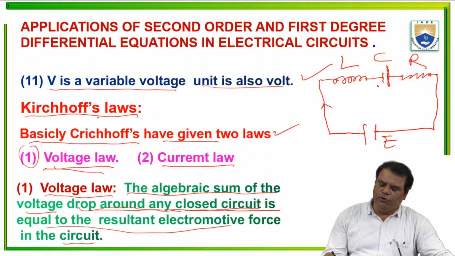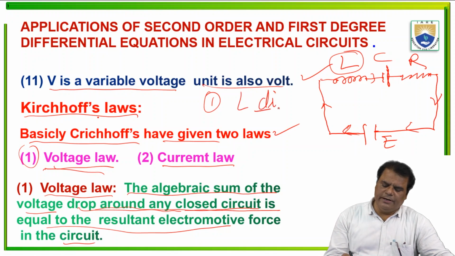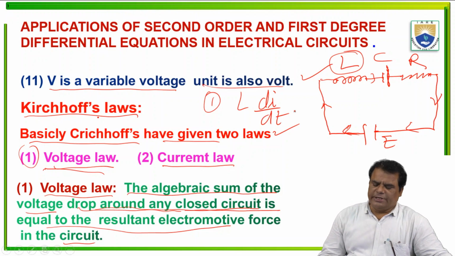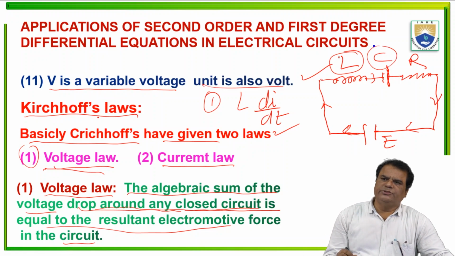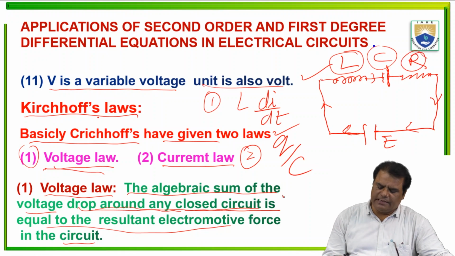Any voltage flowing in this circuit, first flows through L. So for L we write number 1, L di over dt. Second, flowing through C, we write Q by C. Third is R, then the third term is Ri.